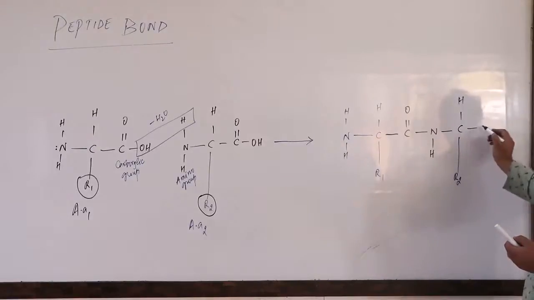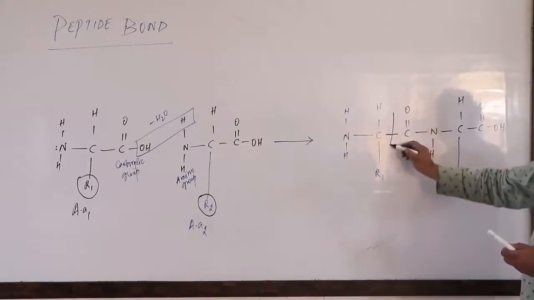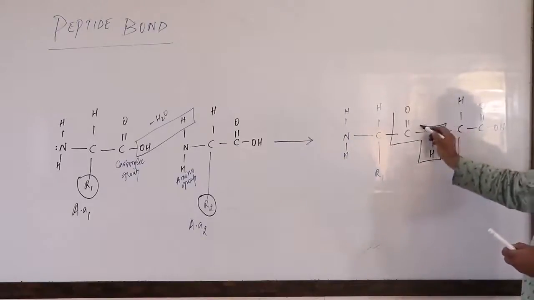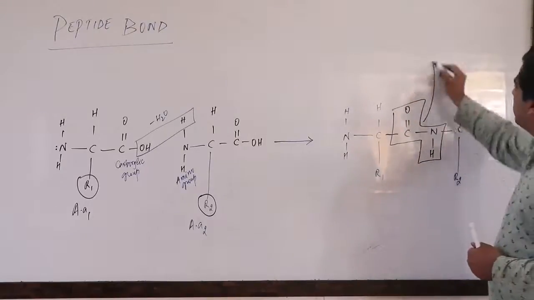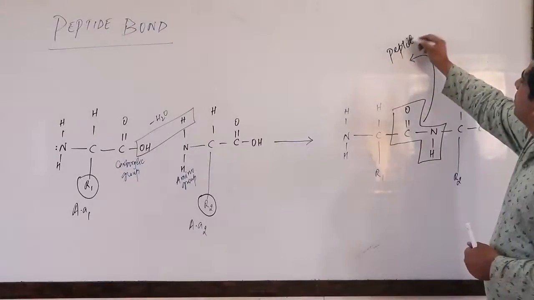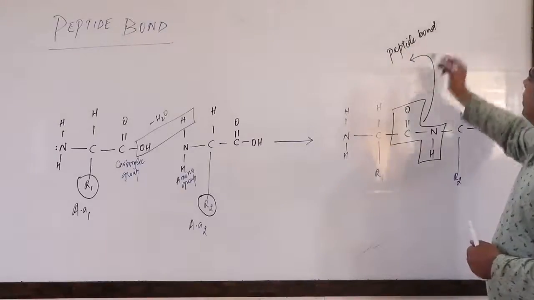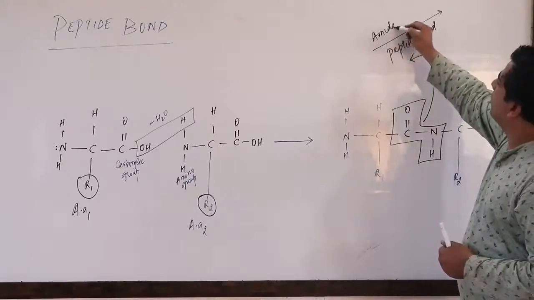And here you have now C double bond O and OH. Now my dear friends, this particular bond is CONH bond, and this CONH bond is basically called as peptide bond. That's a peptide bond. And this peptide bond is also known as amide bond.